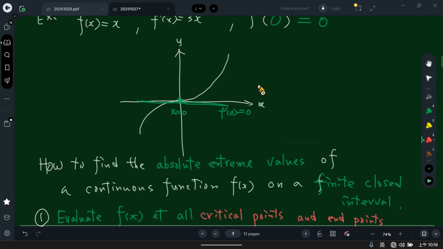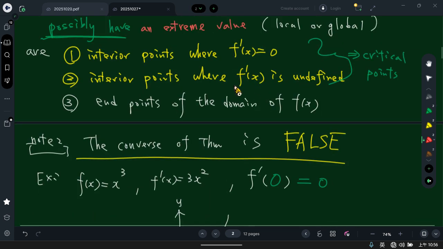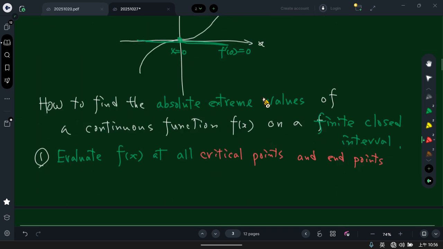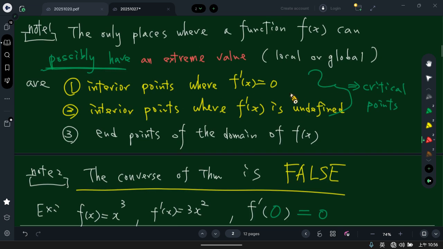So like I say, there are 3 types of candidates. One is the critical point, and the other one is the endpoint. But for critical points, there are 2 subtypes. One is the first derivative equal to 0, or the first derivative is undefined. Undefined is also possible.